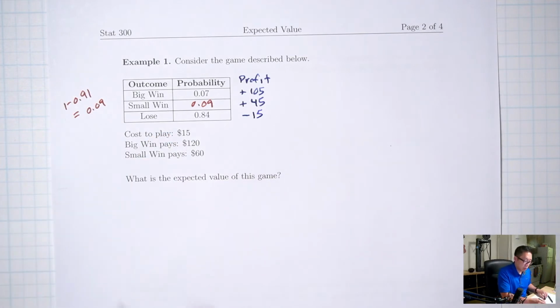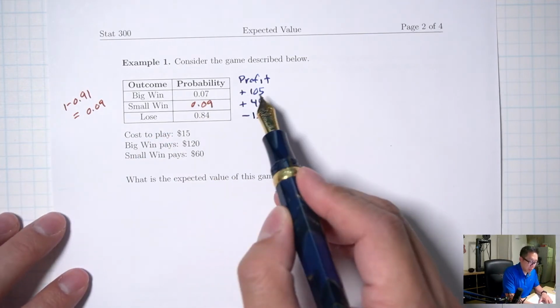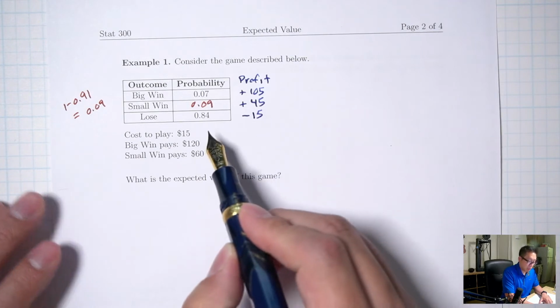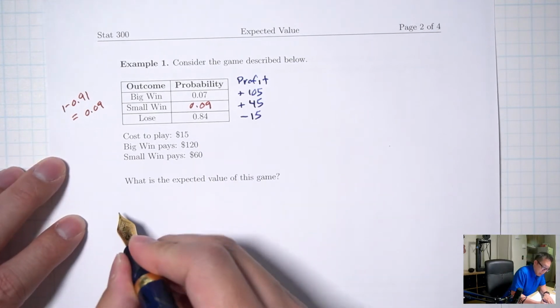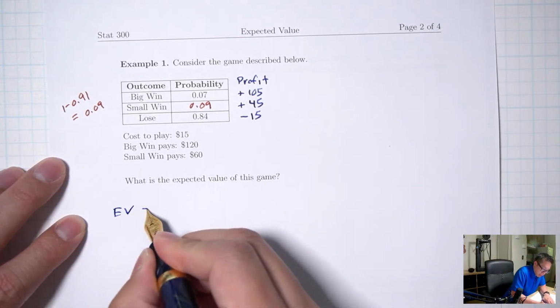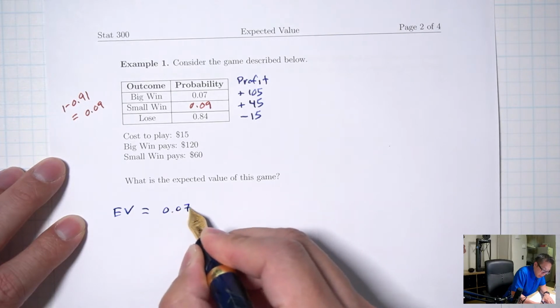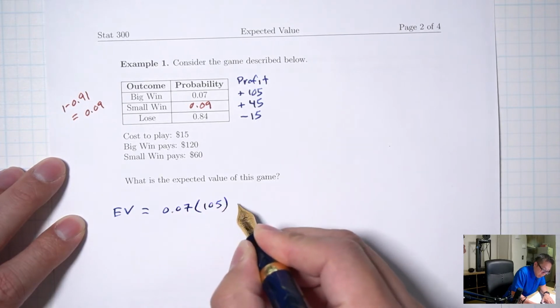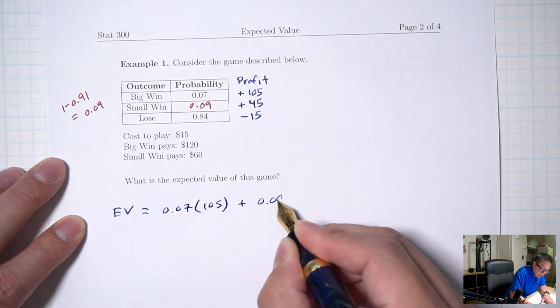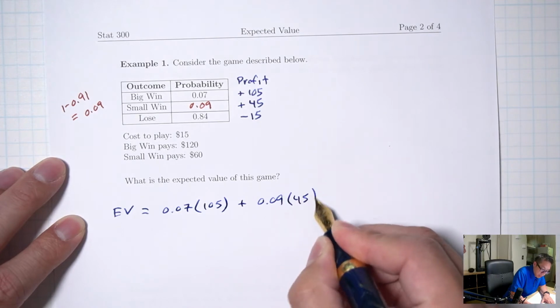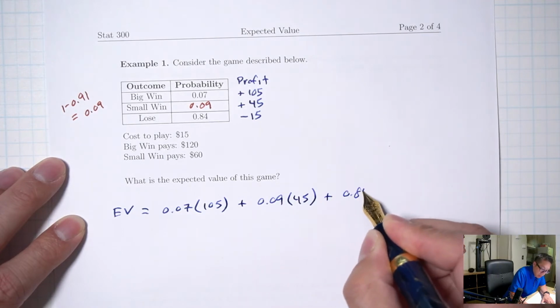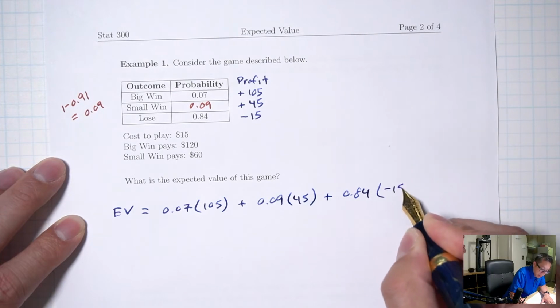All right, and then to find the expected value, probability times profit plus probability times profit plus probability times profit. So the expected value, EV, is 0.07 times 105 plus 0.09 times 45 plus 0.84 times negative 15.